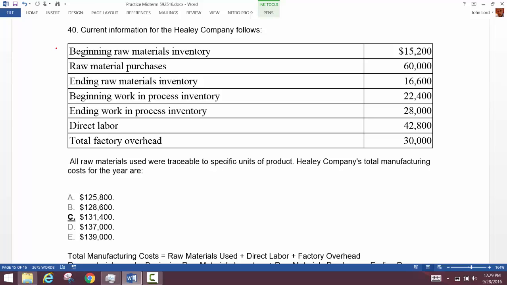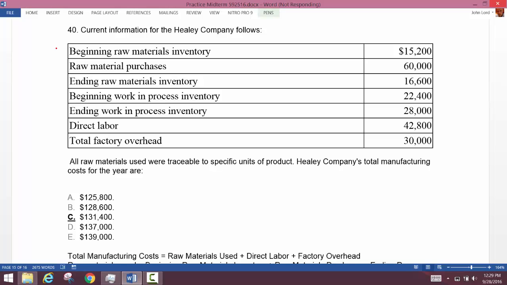And then I'll be putting up more questions, usually on Sundays. So be looking Sunday afternoon for another round of questions that will probably be now a little bit more from chapter 3, where we talked about process costing, chapter 4, where we talked about activity-based costing, and chapter 5, where we talked about cost-volume-profit analysis.